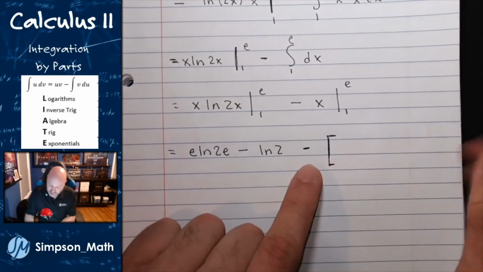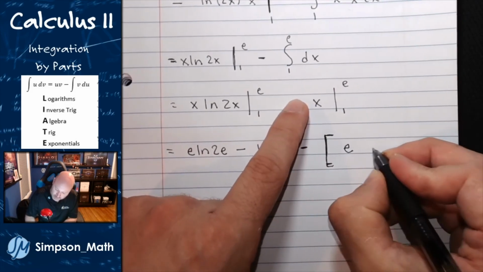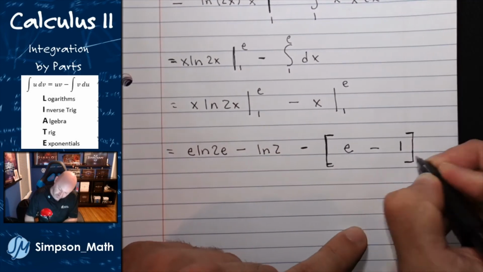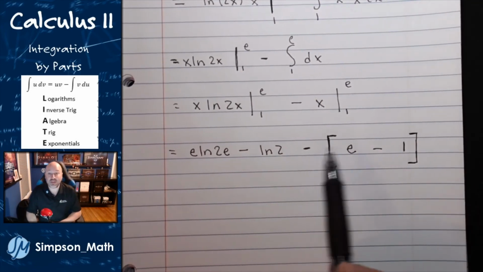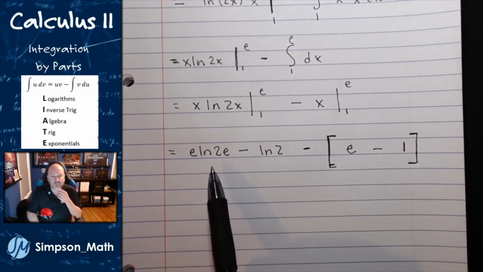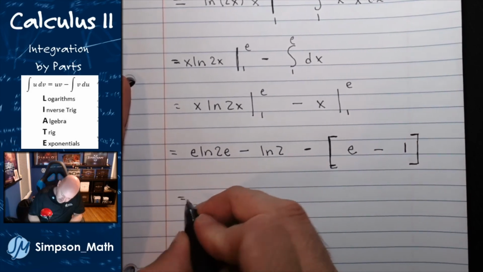I'm subtracting now something really big, where I plug in e minus, I plug in 1. So I'll just distribute that minus sign in this next step, see if I can clean any of this up. Let's just see what that looks like.